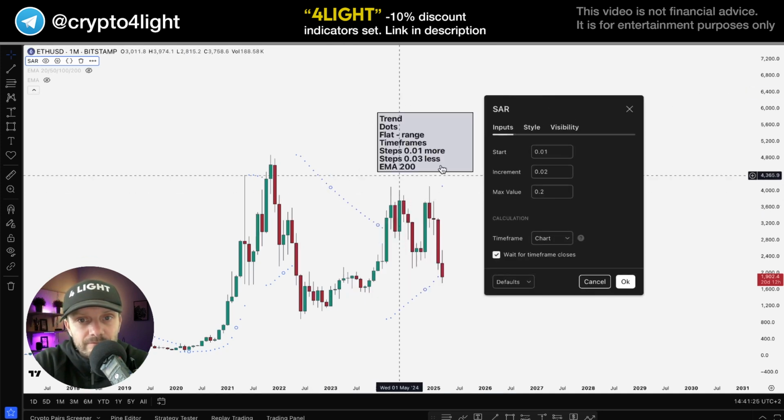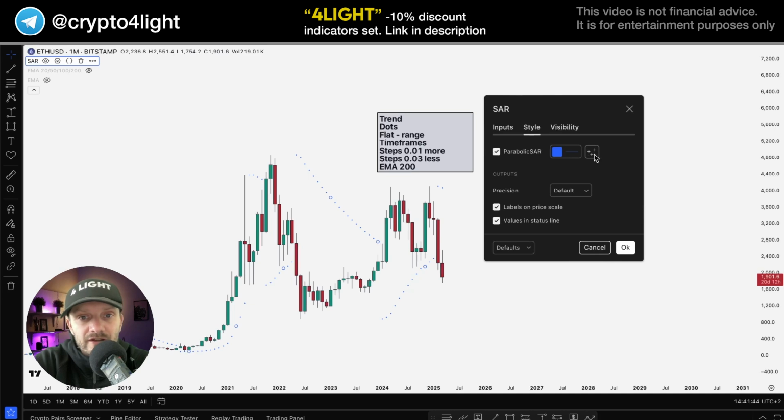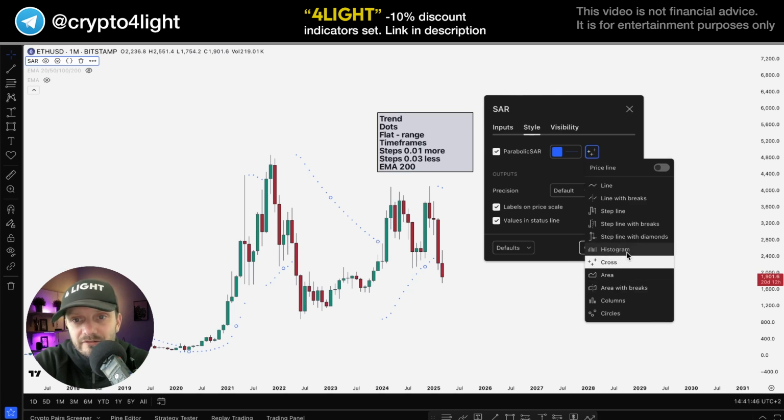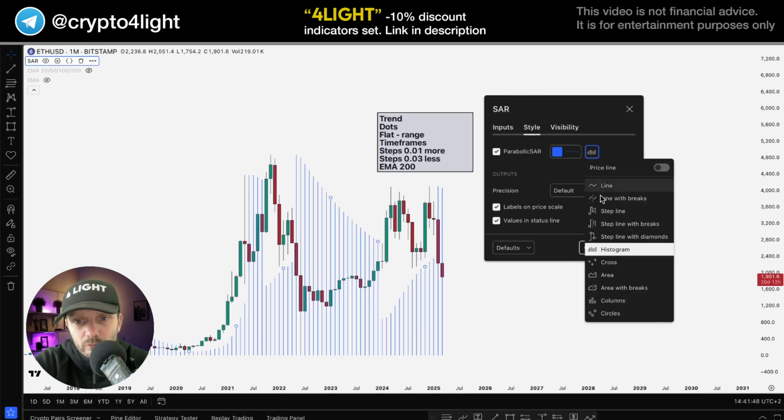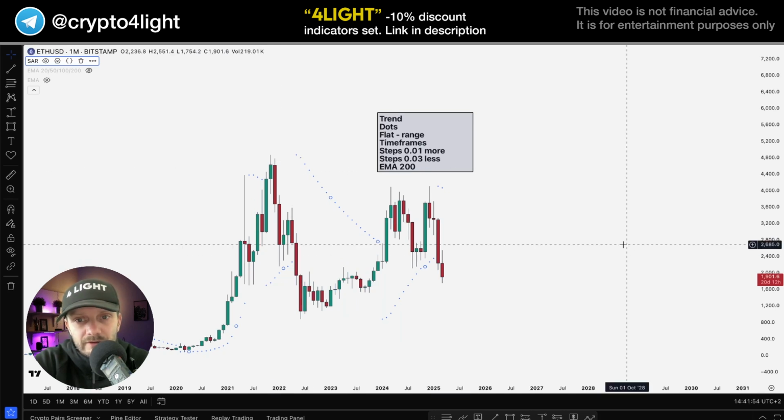If you need fewer signals, you change to 3. With 3, it will be more accurate, right? But fewer signals. I always use just the basic default. And for the styles, you can choose the cross or histogram. It can look like this, but with the cross it's most useful. And the color depends on your TradingView theme.